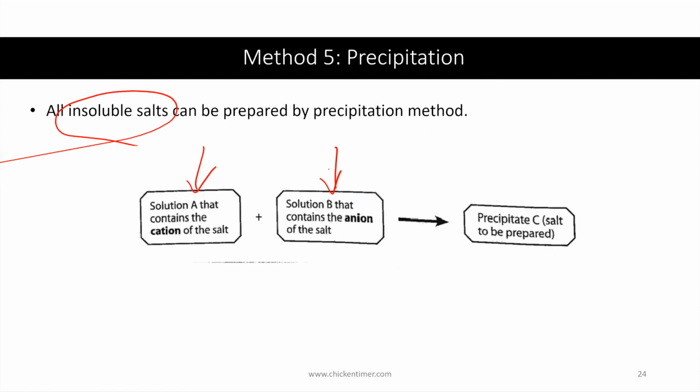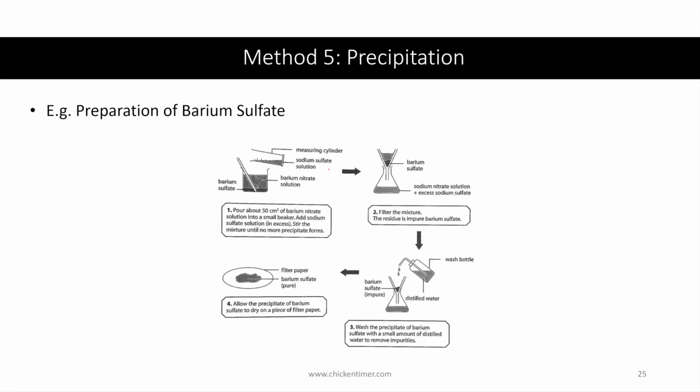So you choose one solution that contains the positive ion, and you choose another solution that contains the negative ion. And you pour the two of them together, then you will get the salt immediately.